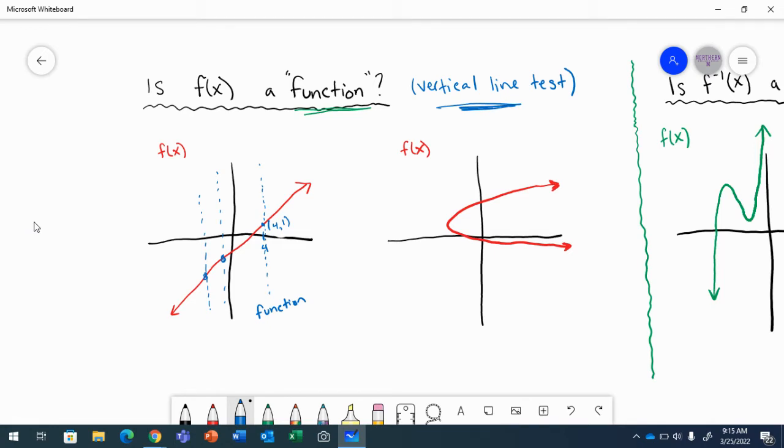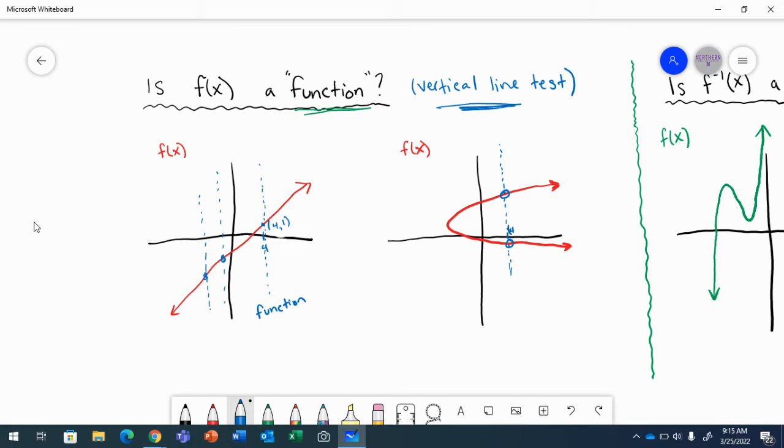That being said, if we look at the second function over here, the other red one, I'm looking for, are there any vertical lines that I could draw that would result in hitting two spots on my graph? Clearly, there's plenty of vertical lines I could draw. But let's say this was the x-coordinate of 4 here.